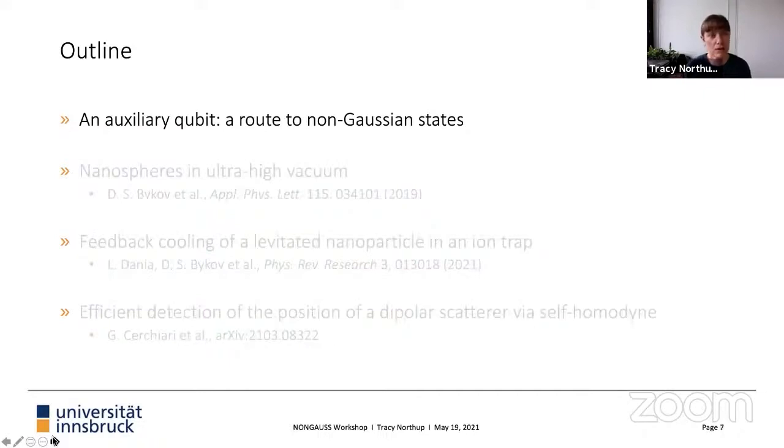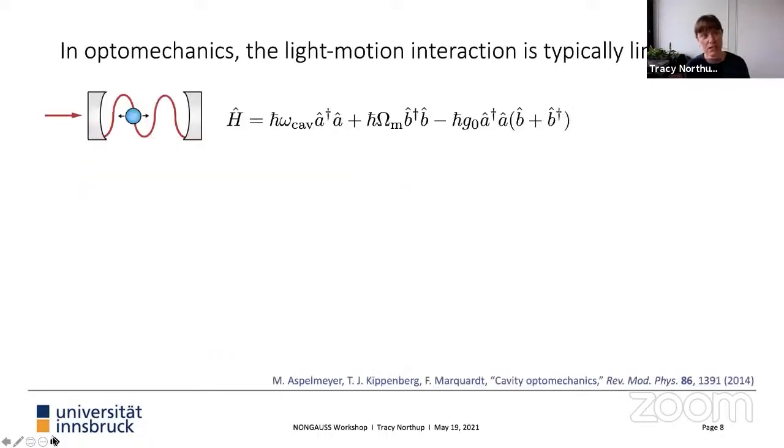So how do we see this route towards non-Gaussianity? We've heard a lot about optomechanics, and this is a Hamiltonian that you saw in Jack Harris's talk this afternoon. So this is a Hamiltonian that's describing the interaction of light and motion. Here in this cartoon, it's in a cavity where we have a light field in the cavity and the motion of a levitated particle.